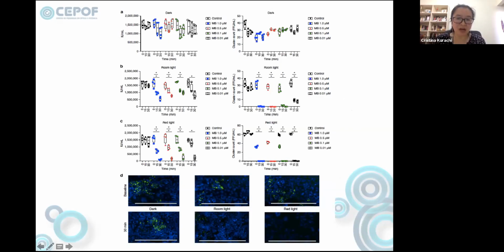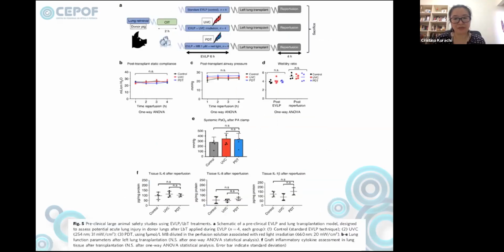And this is with our device connected with the EVLP system used for PDT. But again, we do have zero infection of the cells when we perform this procedure.